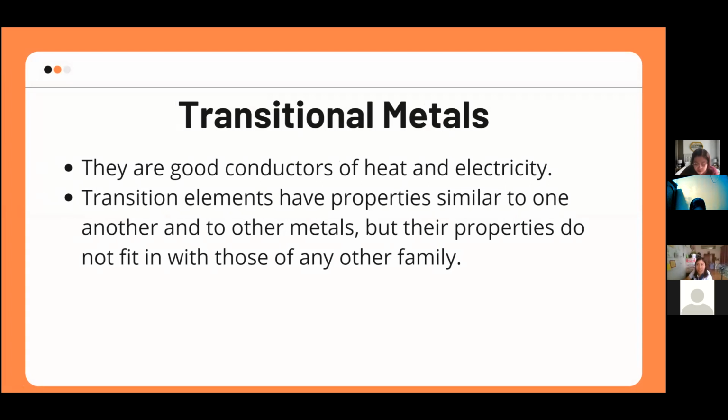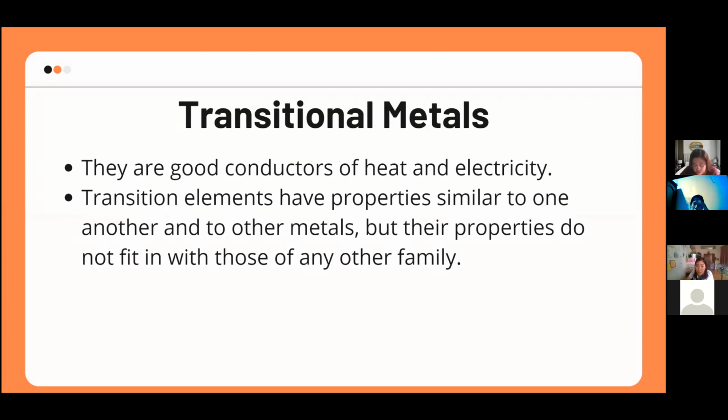So next we have transition metals. So they are good conductors of heat and electricity. So transition elements have properties similar to one another and to other metals, but their properties do not fit in with those of any other family. So itong si transition metals, makita siya between alkaline earth metals and boron family sa periodic table.